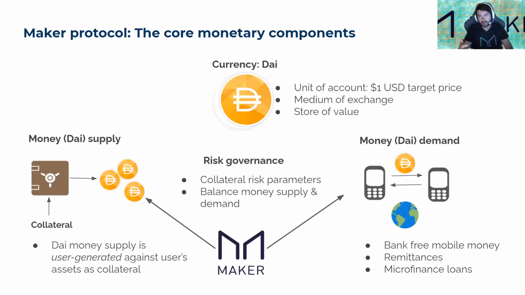They set up different risk parameters around these collateral types. What is the liquidation threshold? What are the stability fees? The risk premiums you have to pay for borrowing against these assets, borrowing DAI, and what is the stability of DAI currently? And balancing all of these things to ensure that people can count on the price of DAI and the ability of DAI.